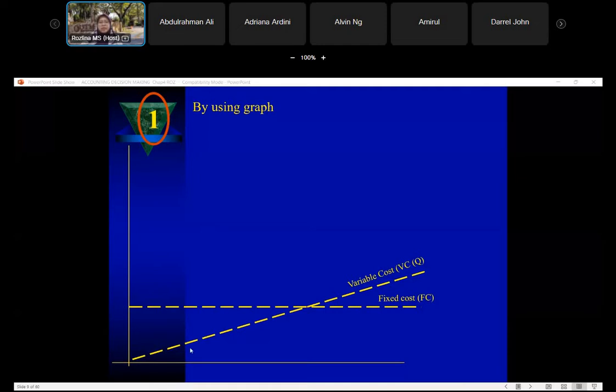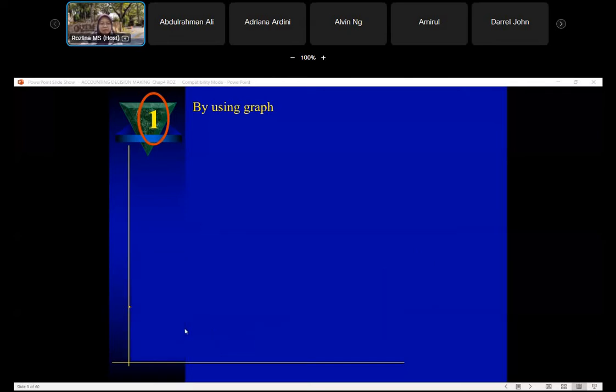And also maybe the materials. 1,000 and 10,000 are not the same. So it is variable cost. Understand, variable cost depends heavily on quantity.